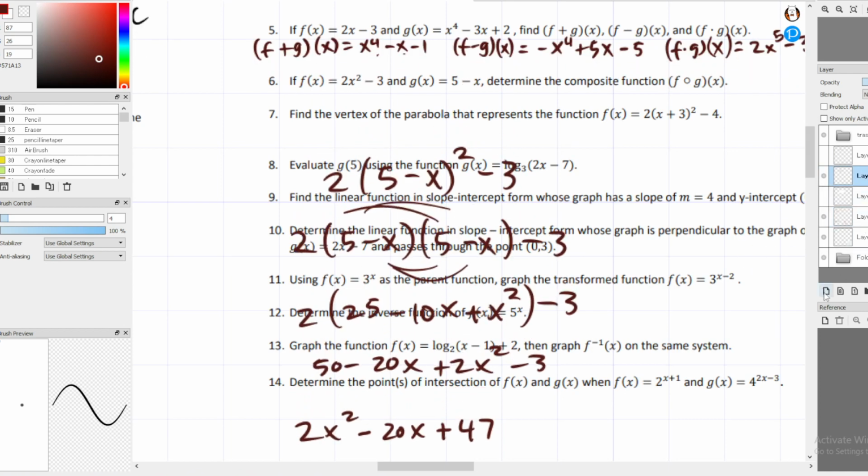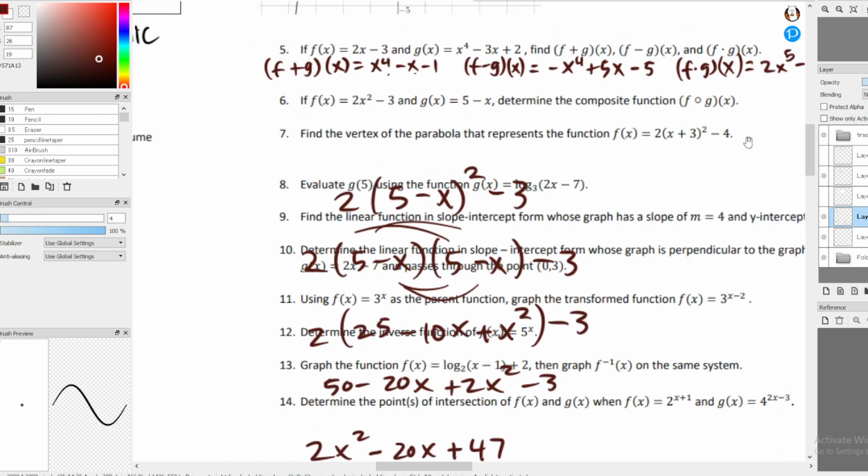There's a very, very subtle difference between function composition and multiplication. The f of g has an open circle. Anyway, so our f of g of x would be equal to 2x squared minus 20x plus 47.